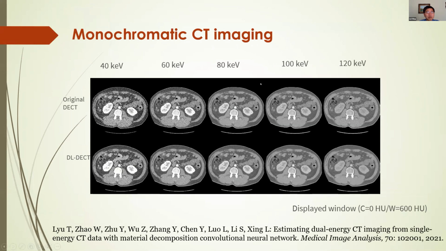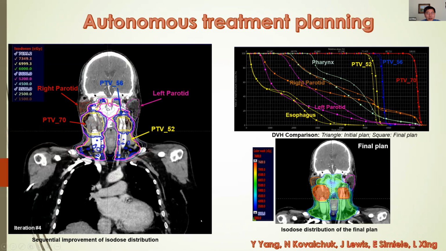And then you can even convert that into a monochromatic energy, like 40 keV, using basically a regular CT scanner. This is really important for quantitation in imaging, but I'm not going into the detail of the application of monochromatic CT.